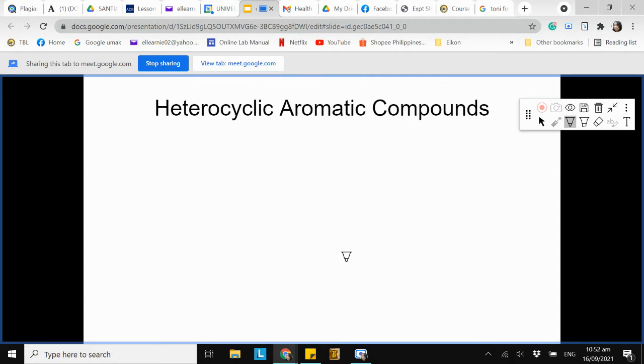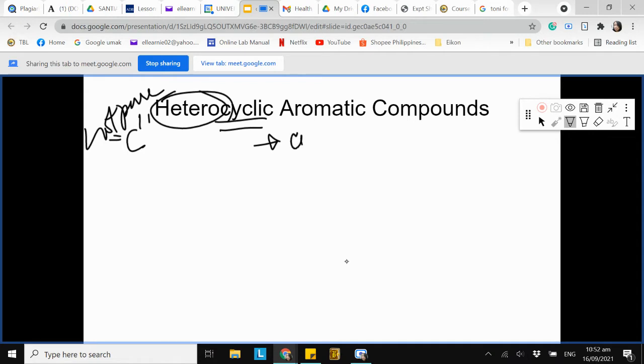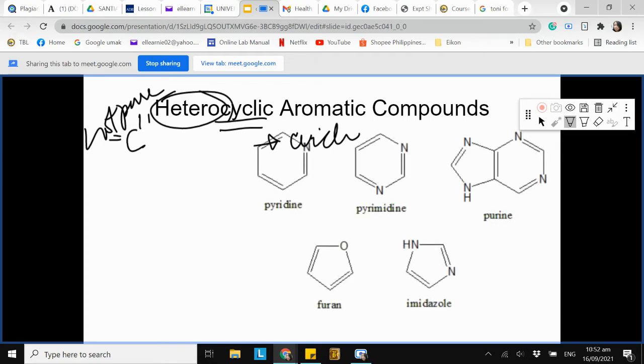When we say heterocyclic, it is not pure carbon. Hindi na puro carbon lang. Then it is cyclic, it means it's a circle, so the ends meet. Nag-meet yung dalawang end. An example of that is pyridine, pyrimidine, purine, furan, and imidazole.